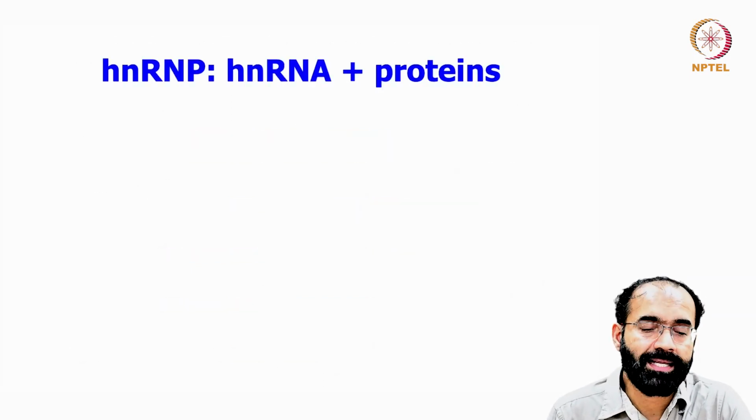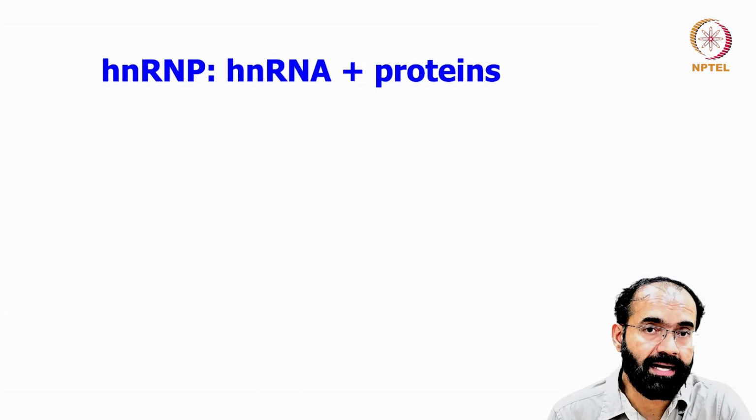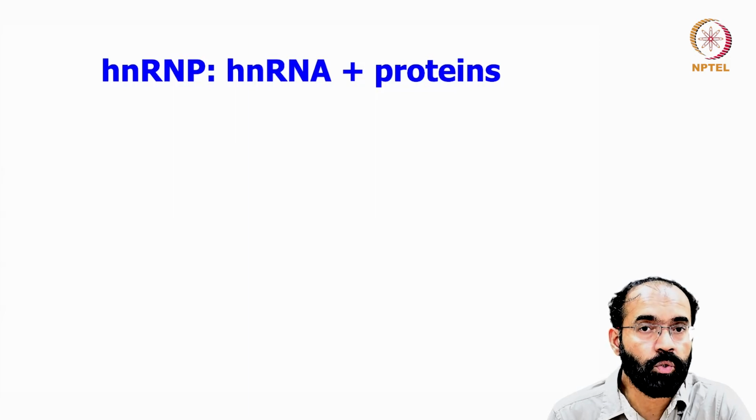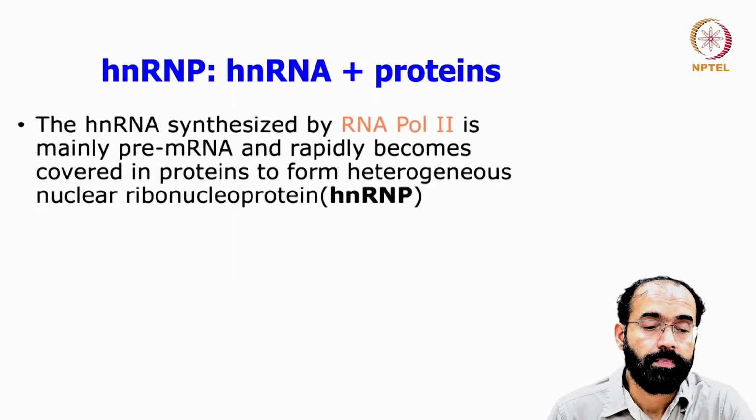Now let us quickly see what is hnRNP. hnRNA, we have already seen, the heterogeneous nuclear RNA, is the pre-mRNA, which has got all the introns and other parts; it is quite crude. And this bound with protein, we call it as hnRNP.